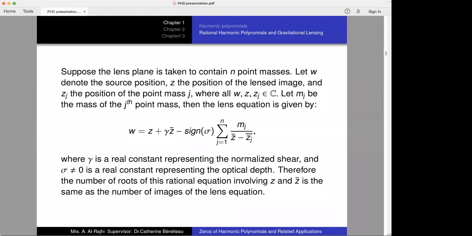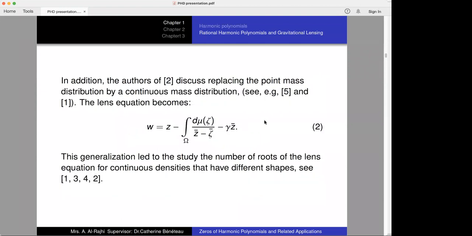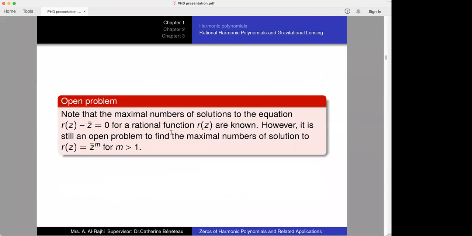That's if we consider the point mass distribution. But if we look at it as a continuous mass distribution, the lens equation becomes this formula. As an open problem, it is still unknown how many zeros we will have for r of z equals z bar to the power n.